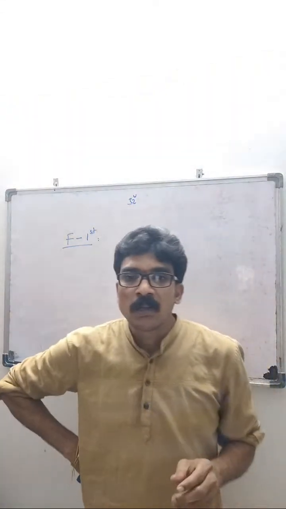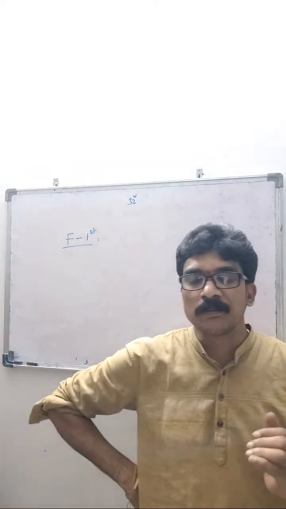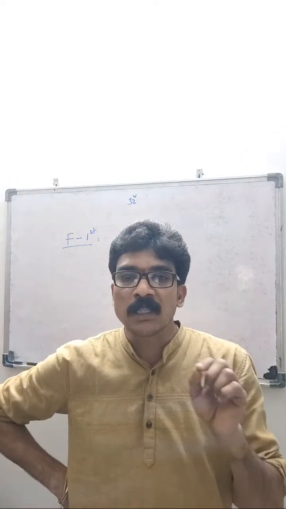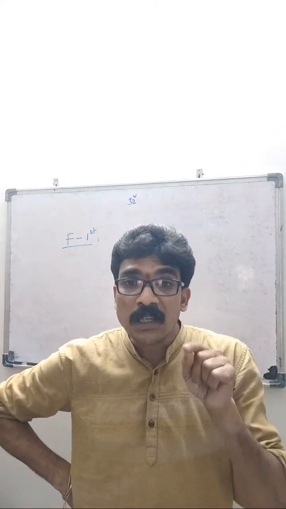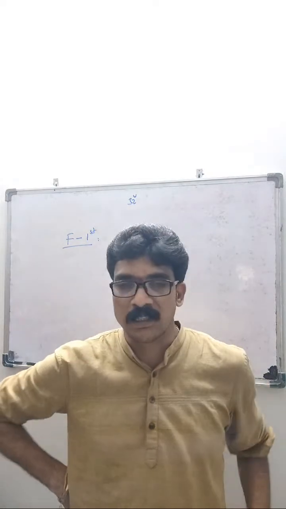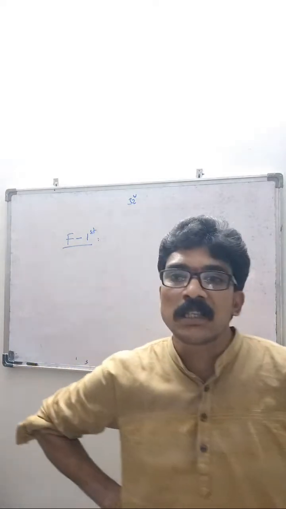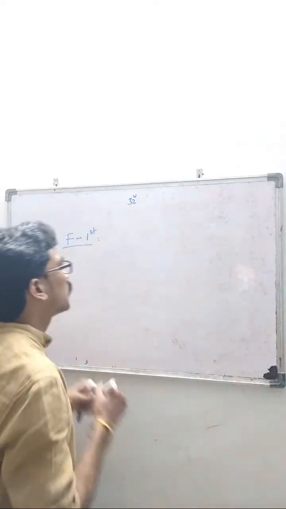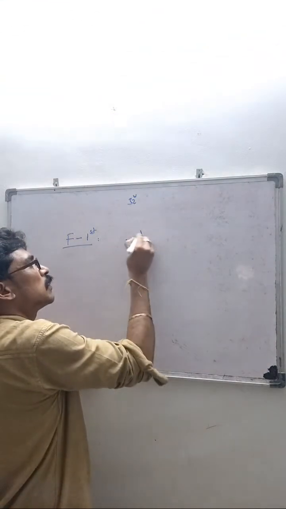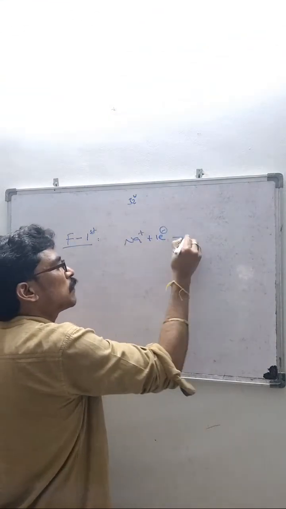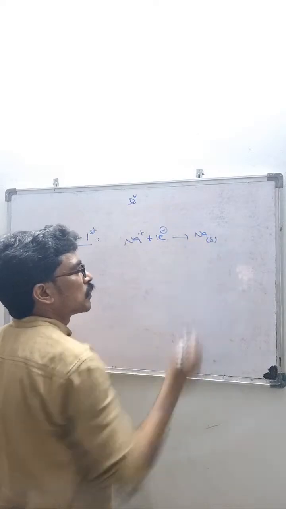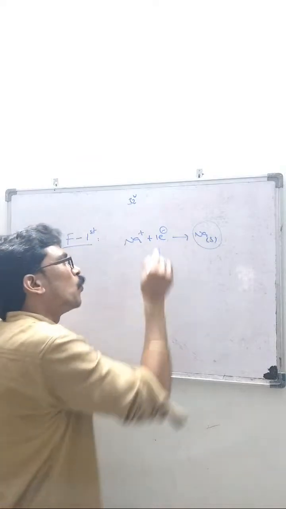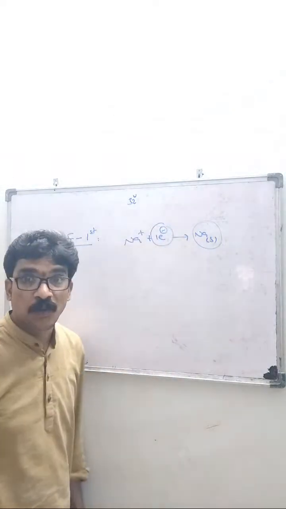So the amount of sodium deposited on the respective electrode depends on the passing electricity. Suppose you pass 1 Faraday. Do you observe this reaction? Na plus gains 1 electron and is converted to solid Na. That means to deposit 1 mole of sodium, 1 mole of electrons is required.